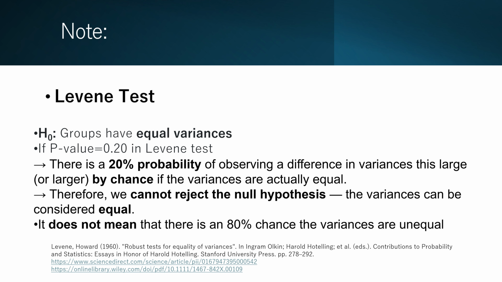So please remember this. In short, if the p-value is over 0.05, equal variance is assumed, OK for the t-test. If the p-value is lower than 0.05, the variances are unequal, so use Welch's t-test or a robust alternative instead.